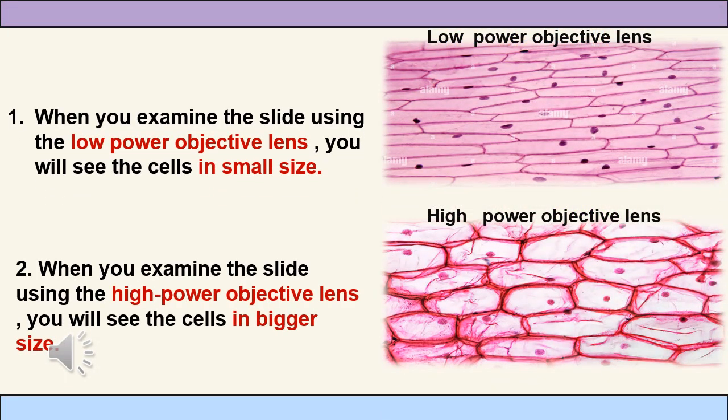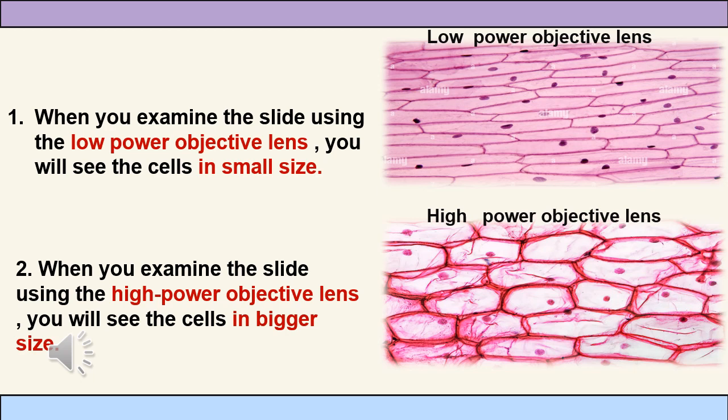Look here, can anyone tell me how many types of objective lens we have? Yes, super, we have two types of objective lens, low power objective lens and high power objective lens. Look here in the first picture. Can you guess what's the importance of the low power objective lens?